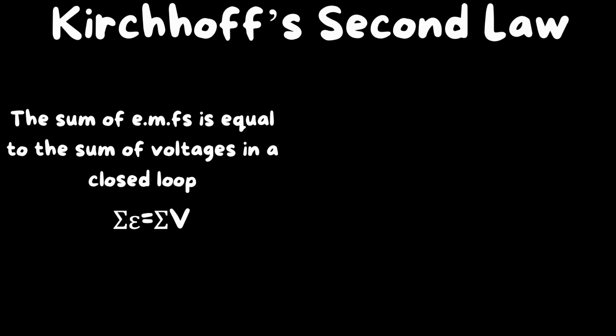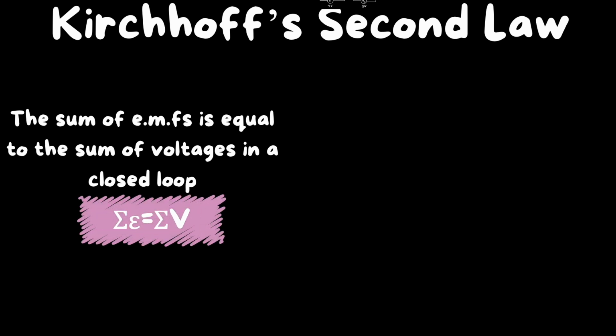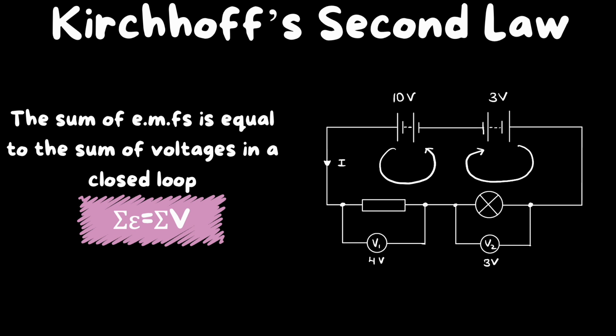And let's have a quick look at this diagram here, where we are given that the two batteries, one is 10 volts and the other one is 3 volts, connected to two components in a series circuit, and the overall EMF is going to be 7 volts because the polarity of the second battery is opposite to the first one.